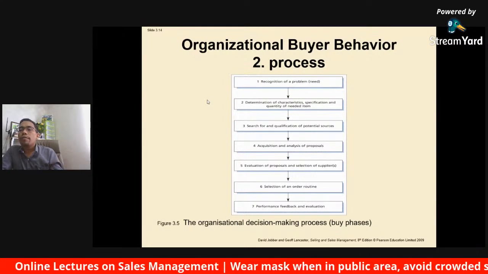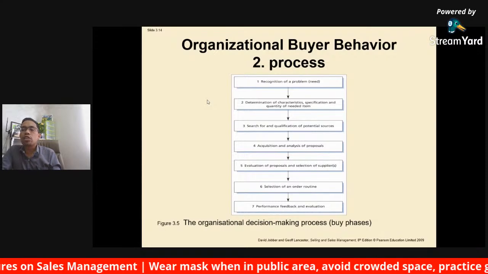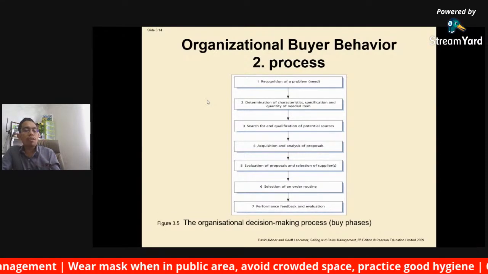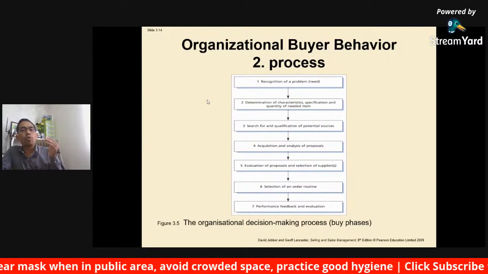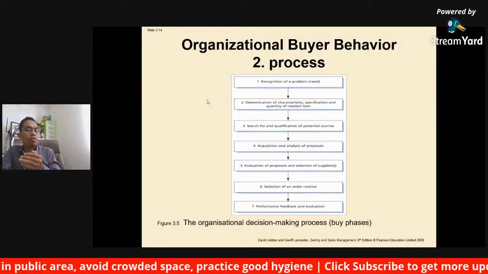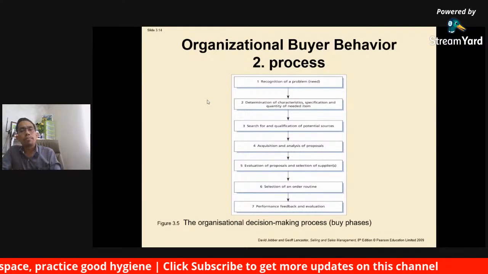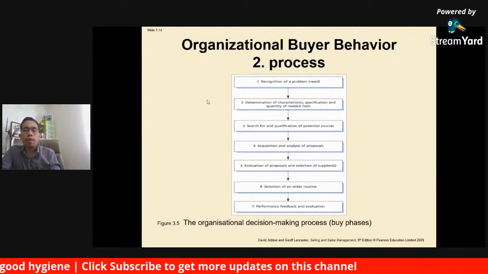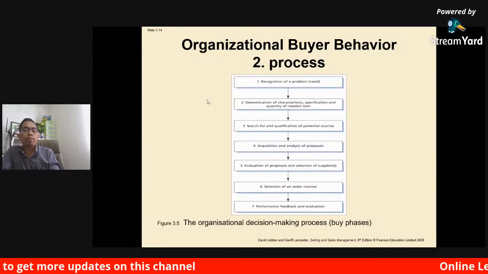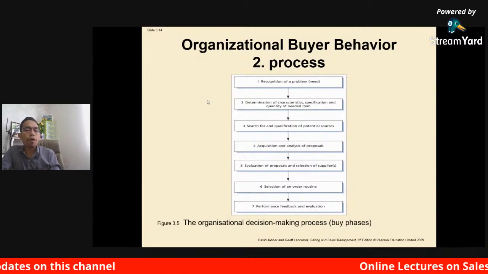Then evaluation of proposals and selection of the supplier. You select the supplier, then decide how many orders you want to make, and annually you do a performance review. So evaluation and performance feedback: how do you perform?